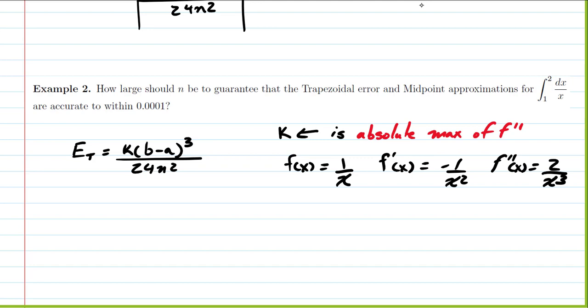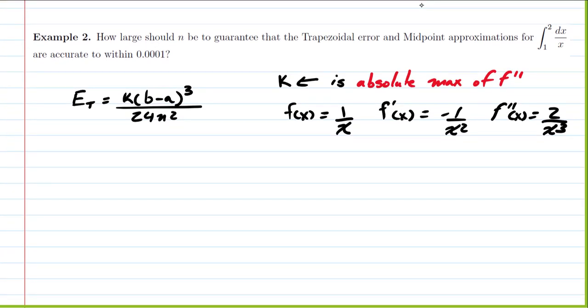So f double prime, if we wanted to find its absolute maximum, what's our strategy? Well, we'd have to find f triple prime, find its critical numbers, and then also test the endpoints. In this case, f triple prime of x is negative 6 over x to the fourth.